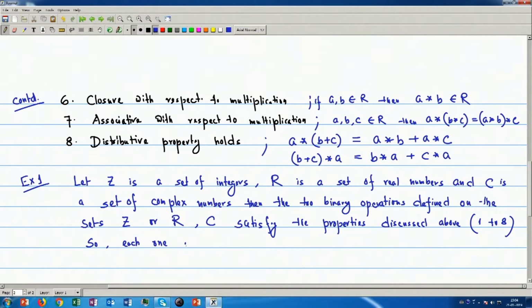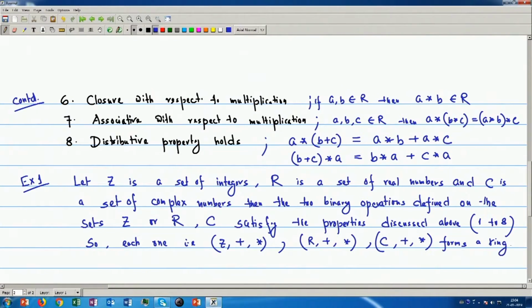That means (Z, plus, star), (R, plus, star), (C, plus, star), the complex numbers, form a ring.